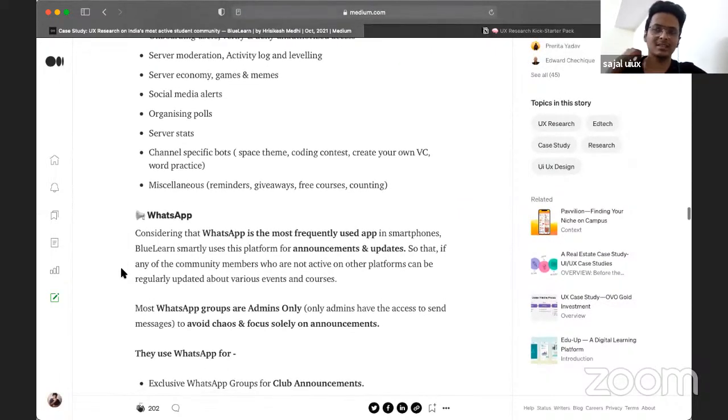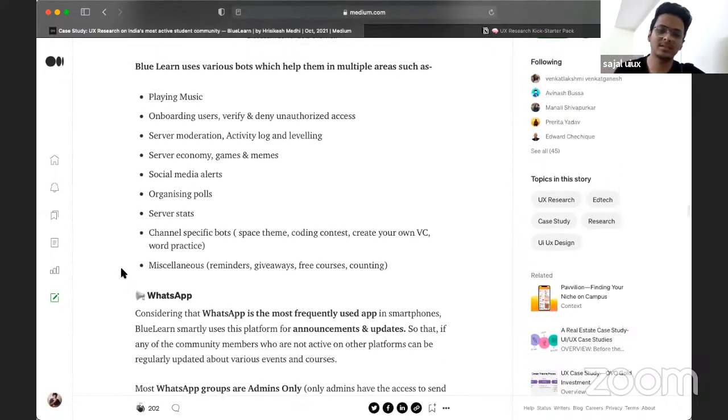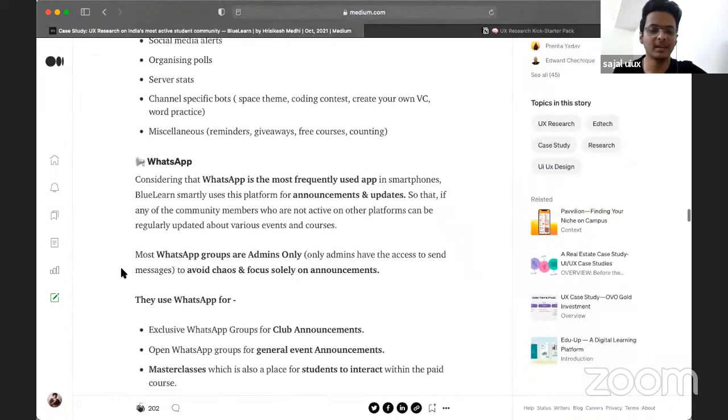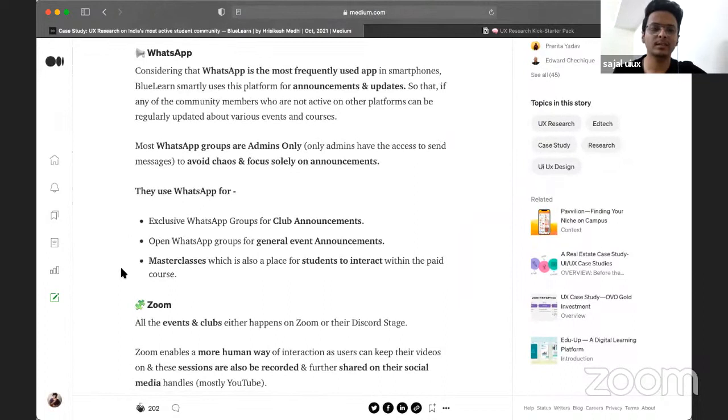And one interesting bot which BlueLearn is working on is called Sleepbot or Spookbot, which is really interesting and impressive.